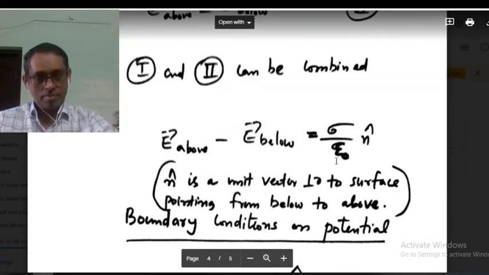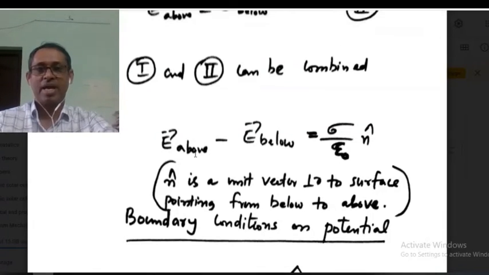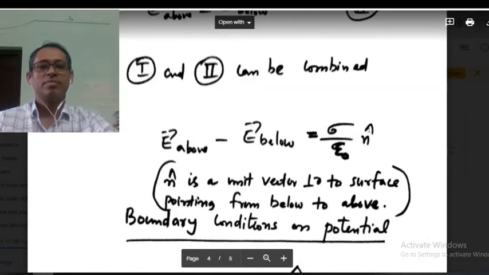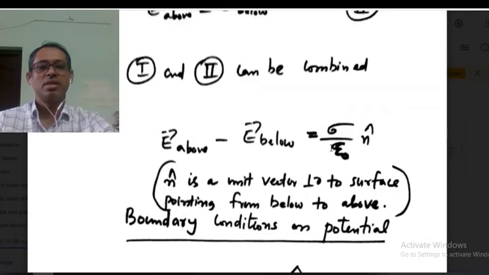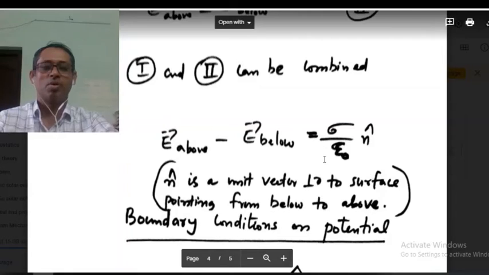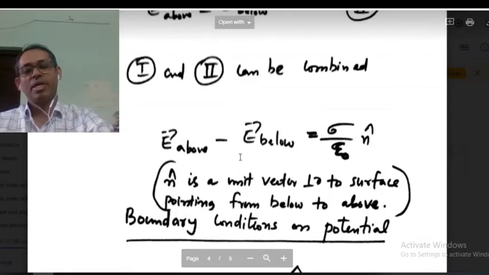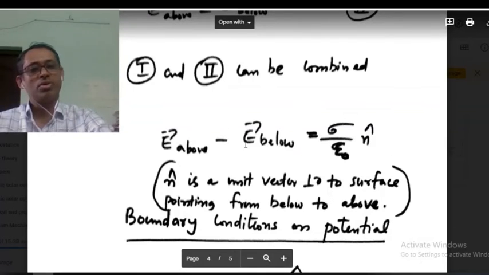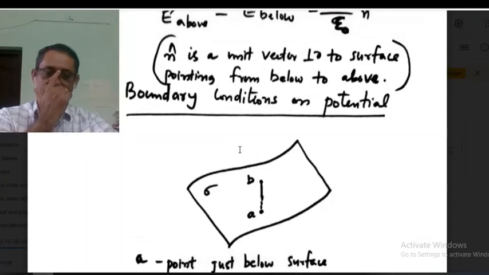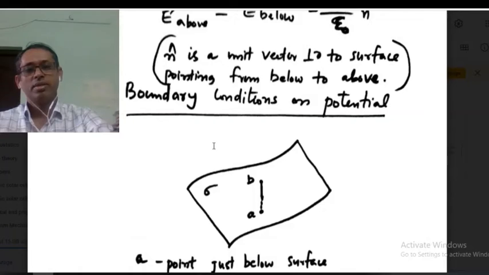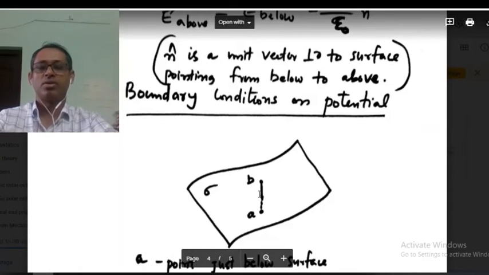When we take the tangential or parallel component, since the right hand side gives only the normal component, this will be equal to 0. So E tangential above minus E tangential below is equal to 0.